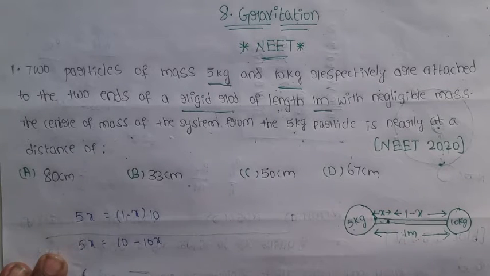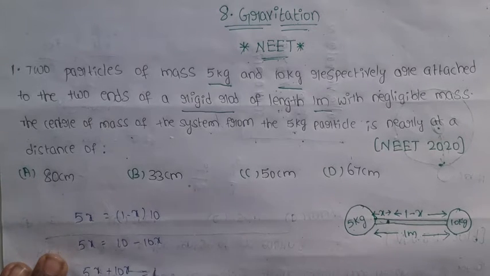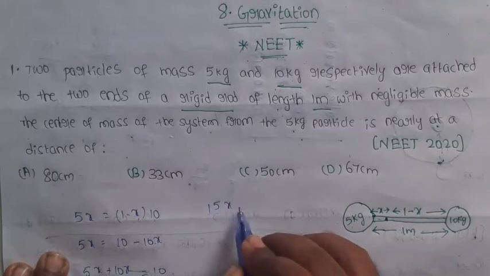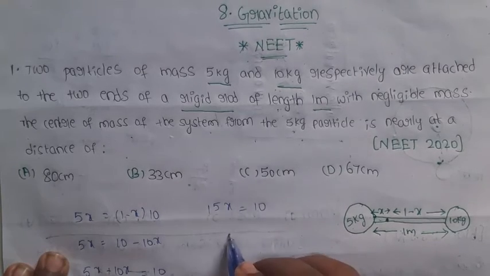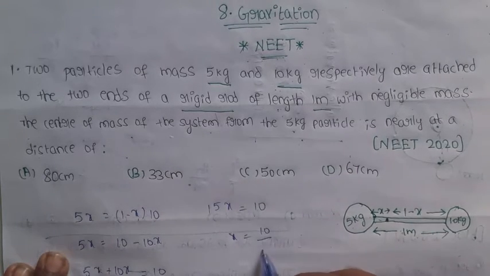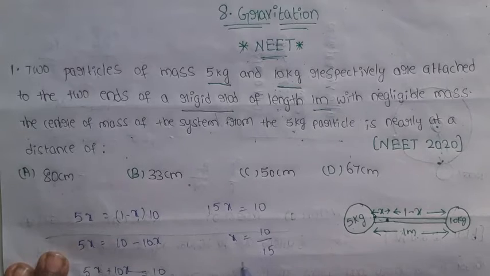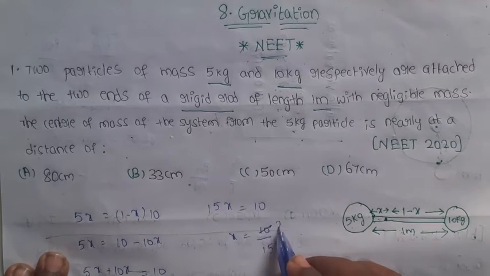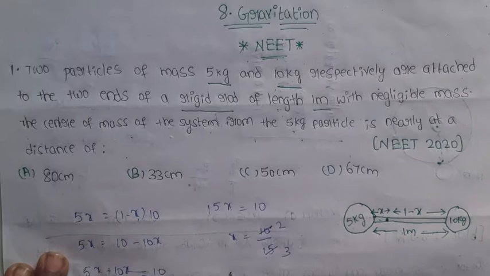So here 10x comes to this side. 5x plus 10x equal to 10. So its value is 15x equal to 10. x equal to 10 by 15. How many times does it cancel? 5 twos, 5 threes. So x value is 2 by 3.